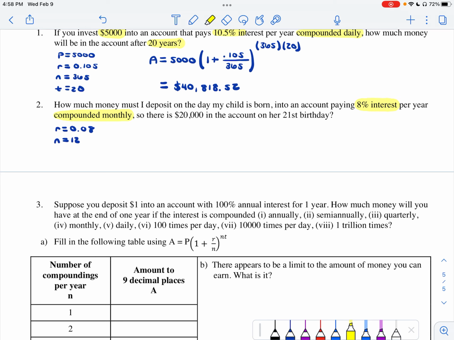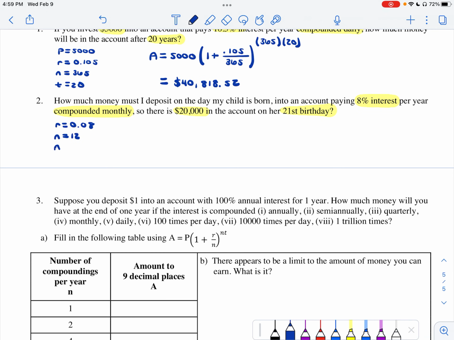We want there to be $20,000, so that's going to be the final amount. So our A value in this case is $20,000, and we want that in there on her 21st birthday, so our T is 21 years.